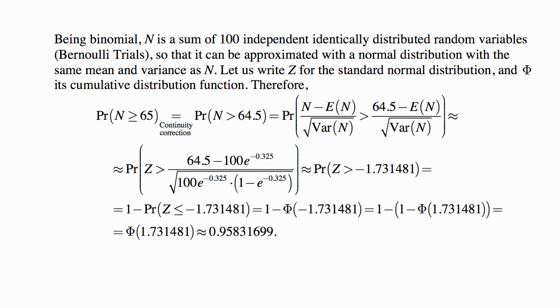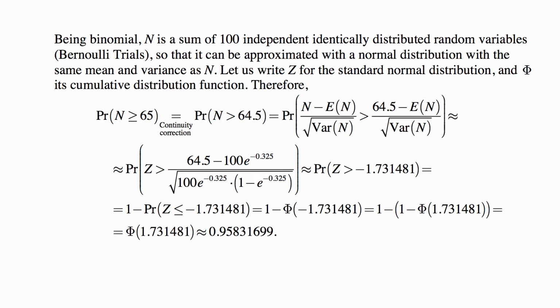And a binomial distribution is a sum of independent, identically distributed random variables, Bernoulli trials, just as we saw. So N can be approximated with a normal distribution, and the normal distribution that you use to approximate it has the same mean and variance as the thing you're approximating. If you studied for exam P with me, you know that I call this the fake ID principle.